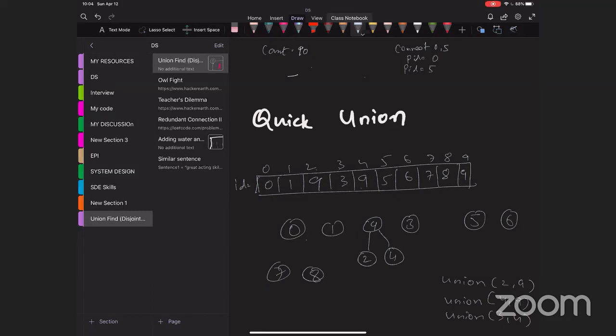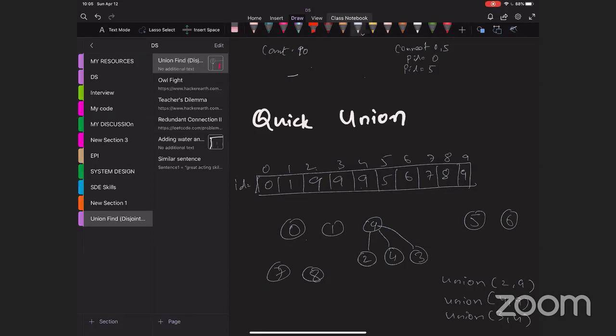So we are finding the parents, and this becomes 9.